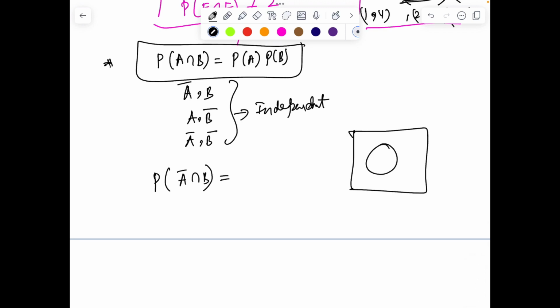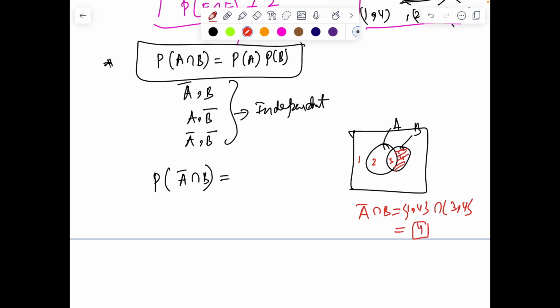You can see from the Venn diagram. If we have A and B, let's call the regions 1, 2, 3, 4. Using set notation, A bar is 1, 4 and B is 3, 4, so A bar intersection B will be just 4.